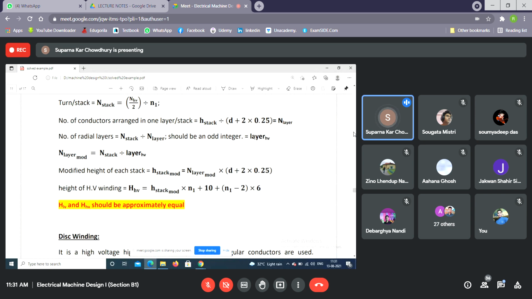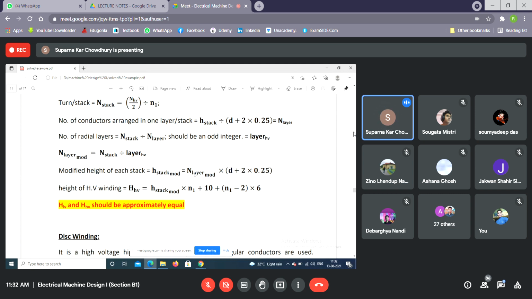So when we change the number of layers to an odd integer, the N layer modified will be N stack divided by N layer, the modified value. That will modify the height, because N layer modified is the number of turns per layer we have modified.